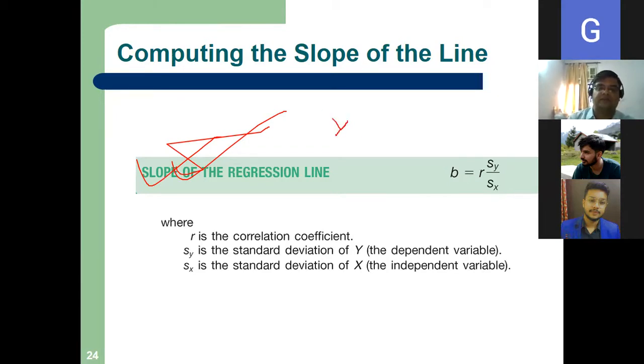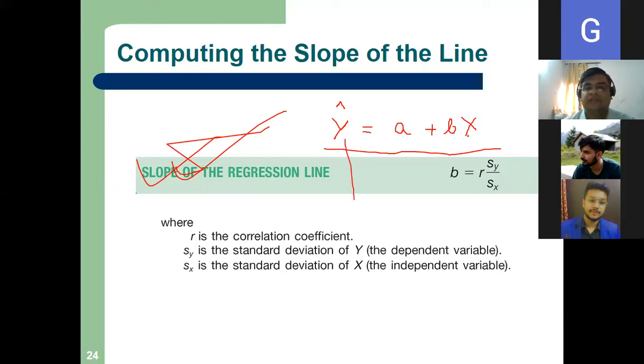If you see, the regression line is y hat is equal to a plus b into x, right? Now if you see this equation, there are two variables and there are two constants. Are you getting me?